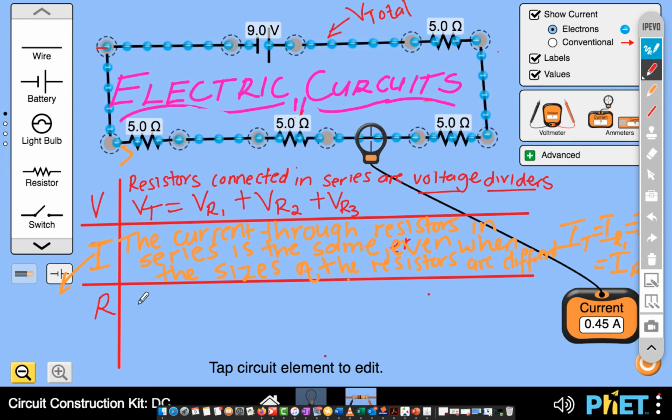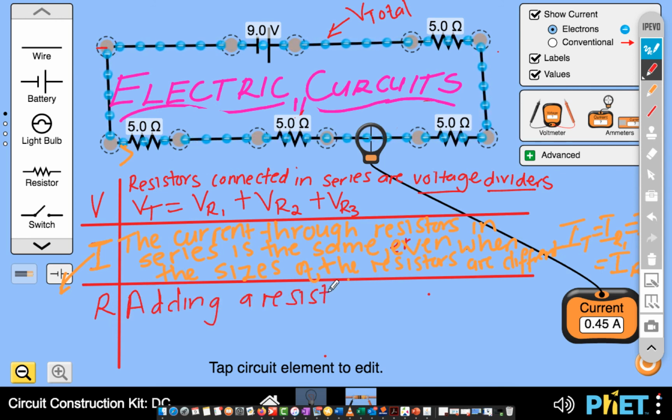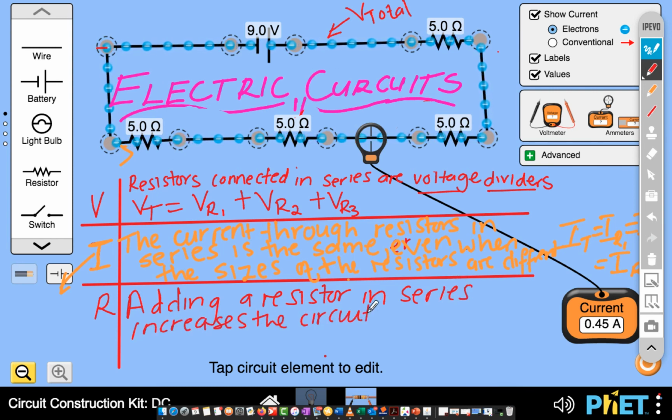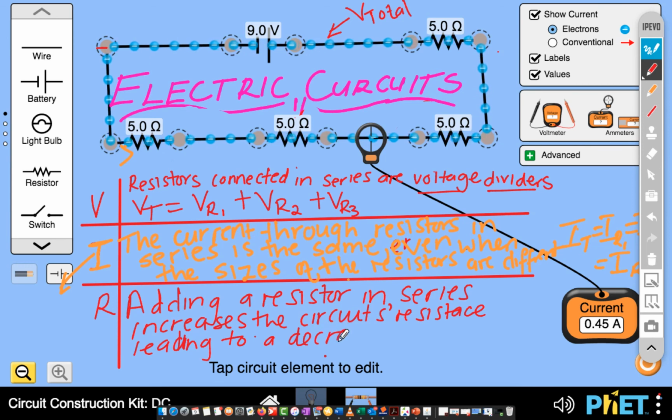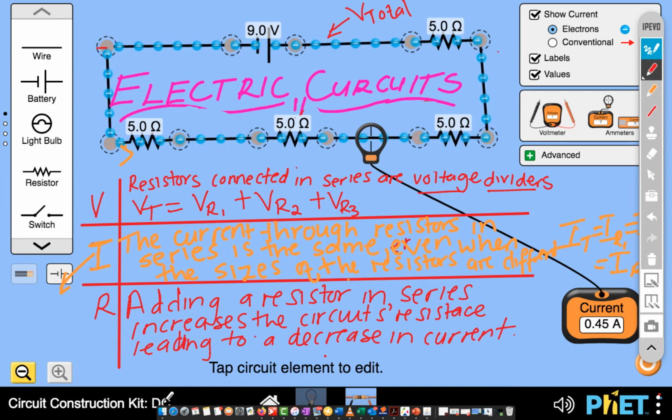In other words, we are simply saying that adding a resistor in series increases the circuit resistance, leading to a decrease in current. Right there. Adding a resistor in series will lead to a decrease in the amount of current flowing through a circuit. So this is very important in your calculation.